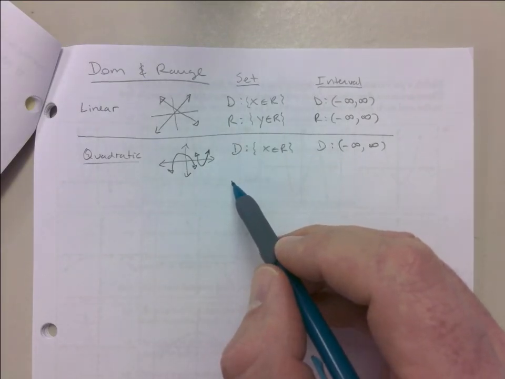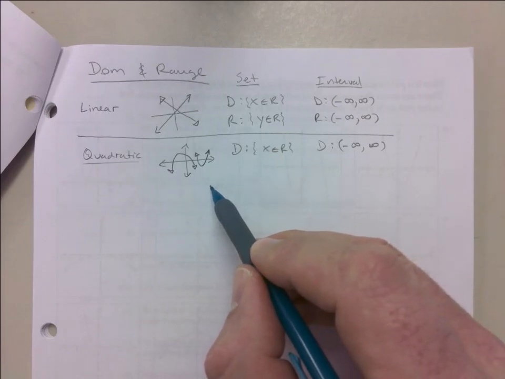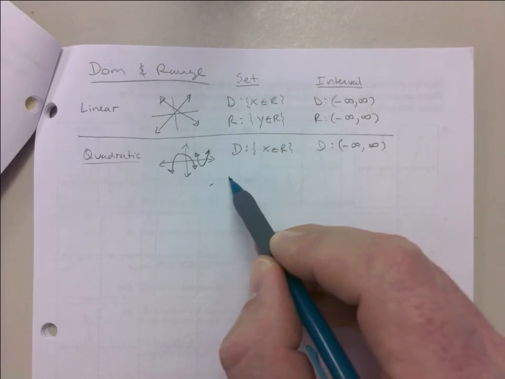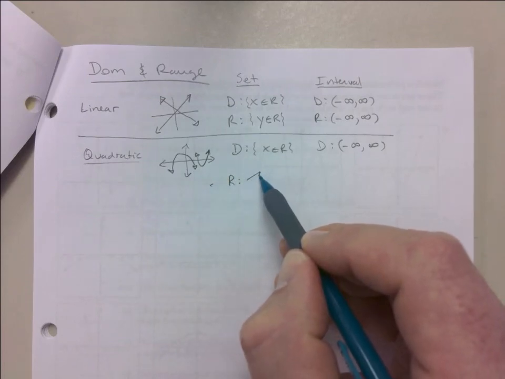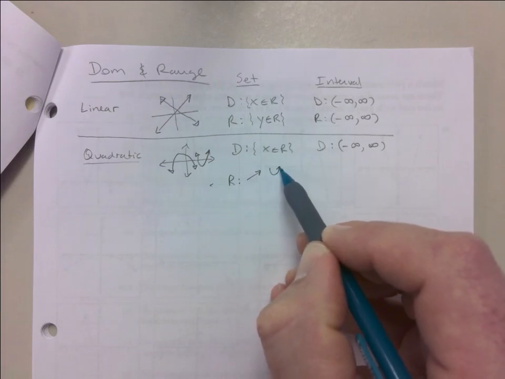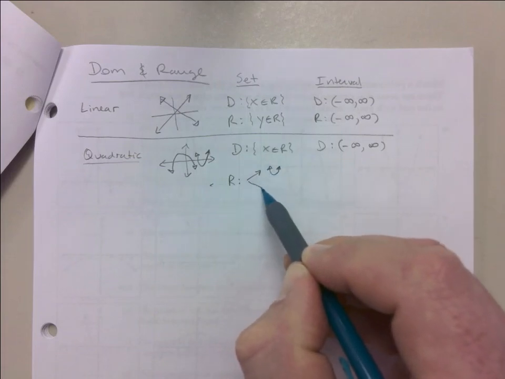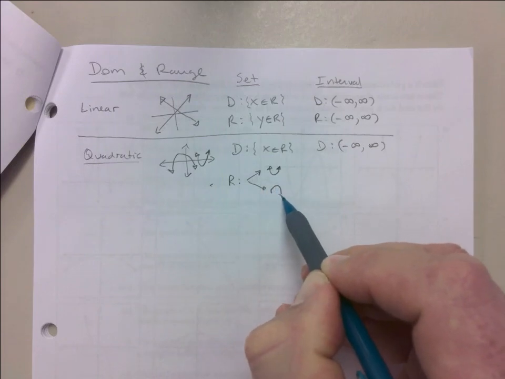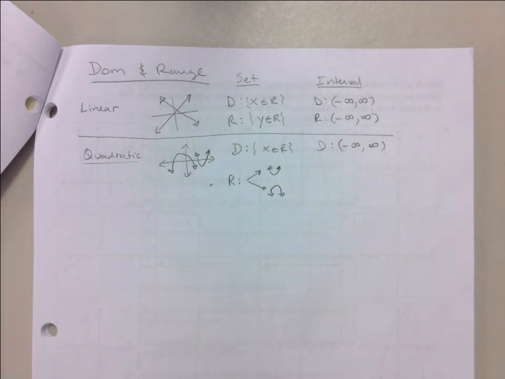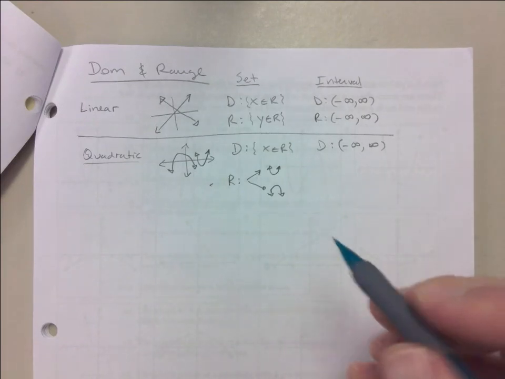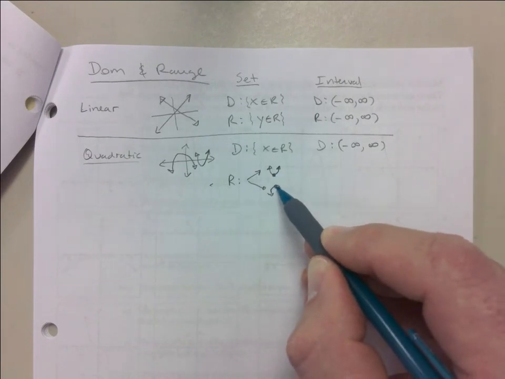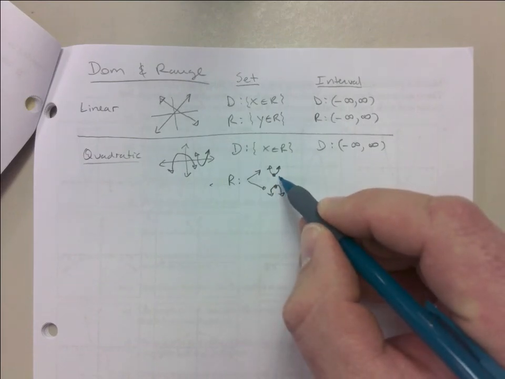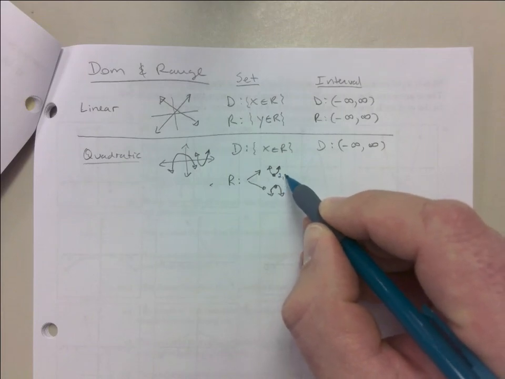For the range, you have to make a distinction. Okay, for the range, it's a little different. If it's pointing up, we write it a certain way. If it's pointing down, we write it a different way. I think I'm just going to give you an example here. Let's say the vertex here is (2, 5).